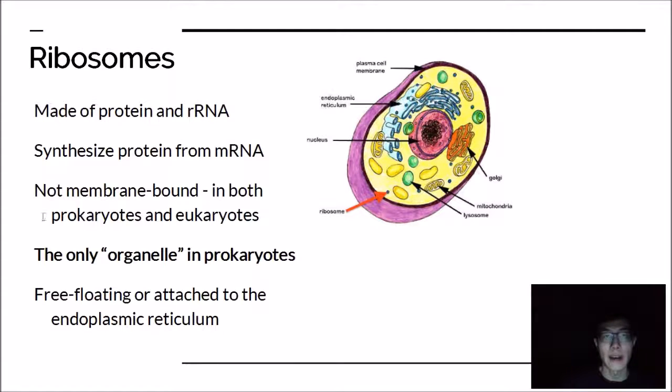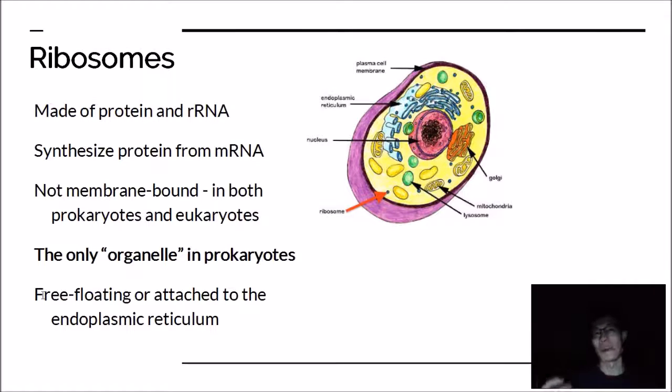What's really fascinating perhaps about ribosomes is that you can actually find them in both prokaryotes and eukaryotes. This is a eukaryote over here, but it's found in both because it's not a membrane-bound organelle. It's one of the only, quote-unquote, organelles found in prokaryotes.